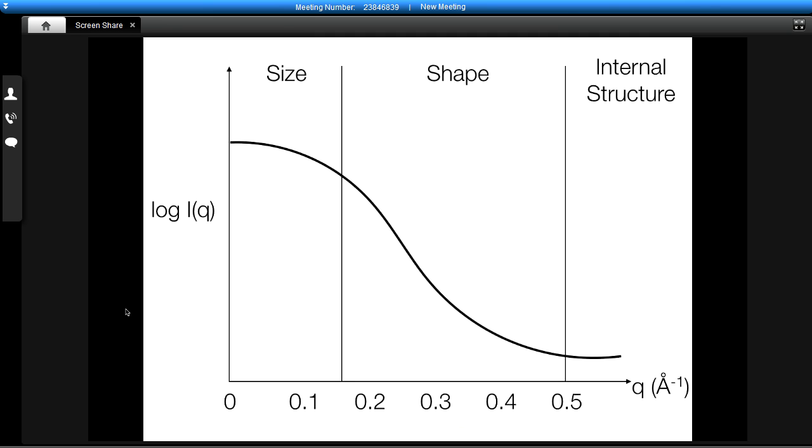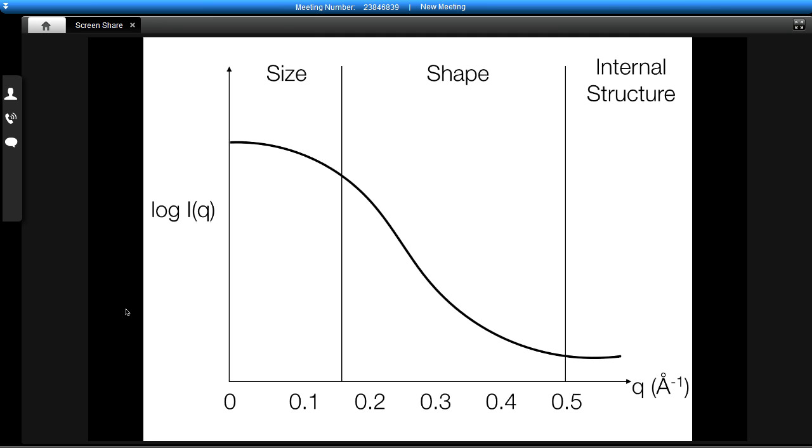But you want to make sure that when you're looking at Q, you look at whatever publication you're referring to, or if you're writing a publication, that how Q is defined is written in that paper. That'll be very important because different applications will use, say, a term called S, which is almost interchangeable with Q, but it's actually a little bit different by a factor of 2 pi. So you just want to make sure that you're clear on that when you're reading publications or when you're publishing yourself.